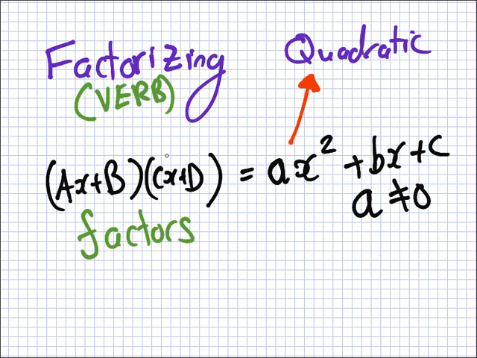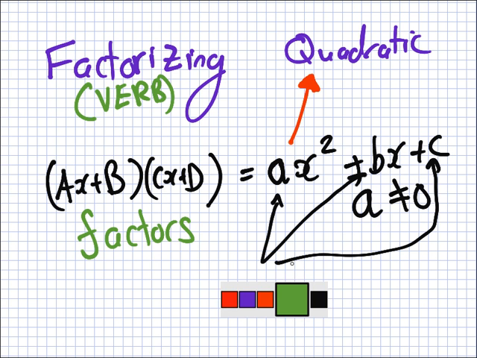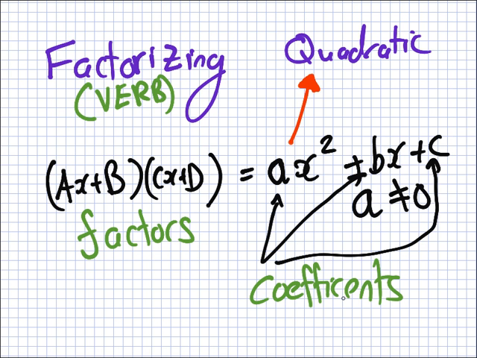So, let's have a look. The a, the b, and the c have a name. Does anyone know what they're called? Very good. Coefficients.